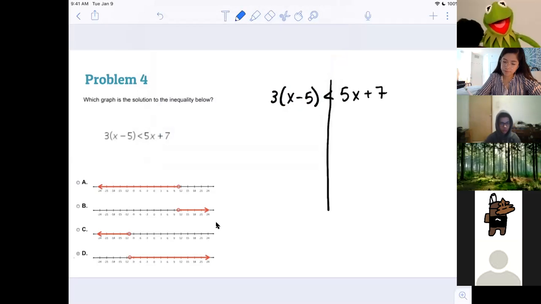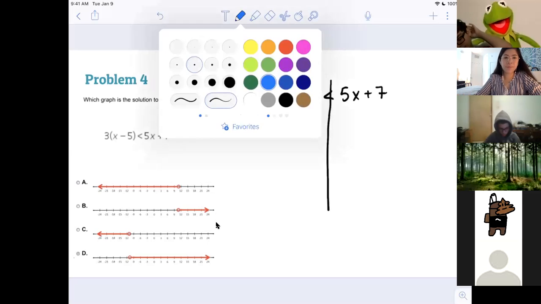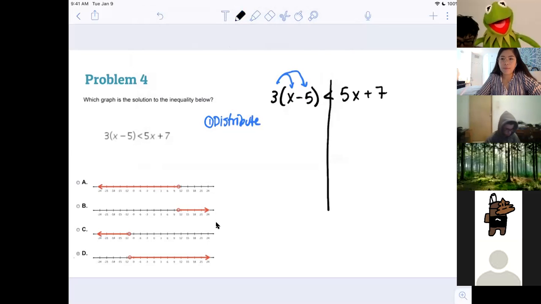Distribute property. Good, we're going to distribute. And what does that give me? 3x and negative 15. Good, 3x and then negative 15, or 3x minus 15. My sign stays the same, and everything here stays the same.